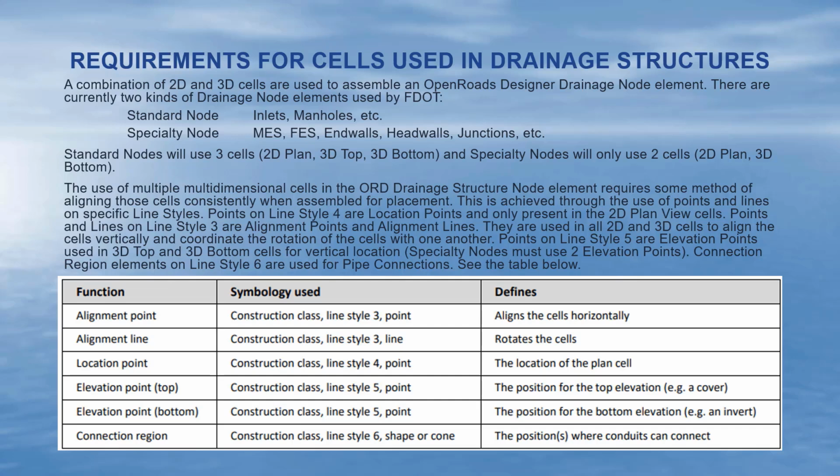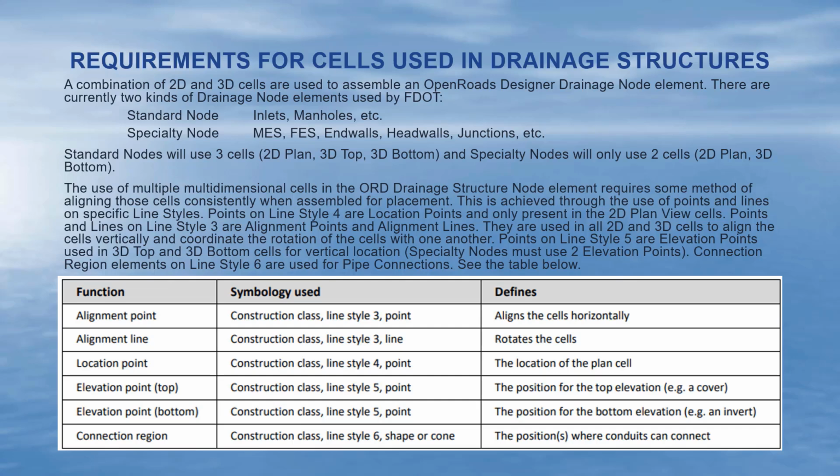And then a specialty node, which would be an MES and FES, end walls, head walls, junctions, etc. A standard node will use 3 cells: a 2D plan cell, a 3D top cell, and a 3D bottom cell. And specialty nodes will only use 2 cells: a 2D plan cell and a 3D bottom cell.